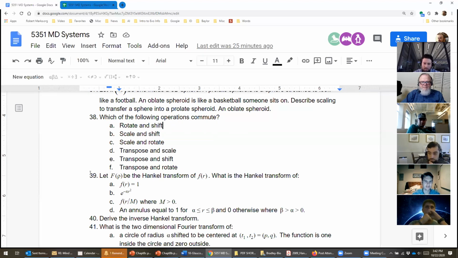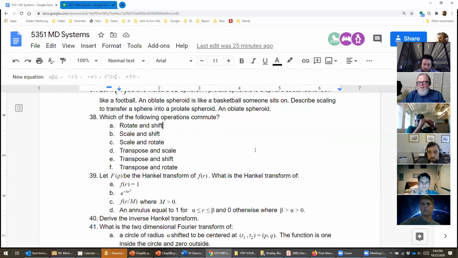Rotate and transpose and scale. Transpose and shift. No, he said transpose and scale. D and E, is that right, Chris? C and D. Okay, scale and transpose. Transposing is flipping the axes, right? Yes, yes. Transpose is flipping the axes.